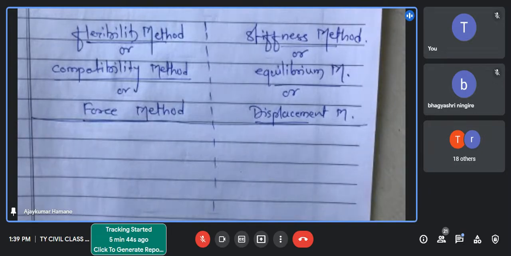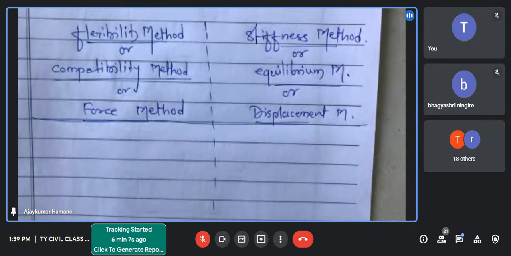These are the methods to solve indeterminate beams. These two methods, the flexibility and the stiffness method, are also used to solve indeterminate trusses.